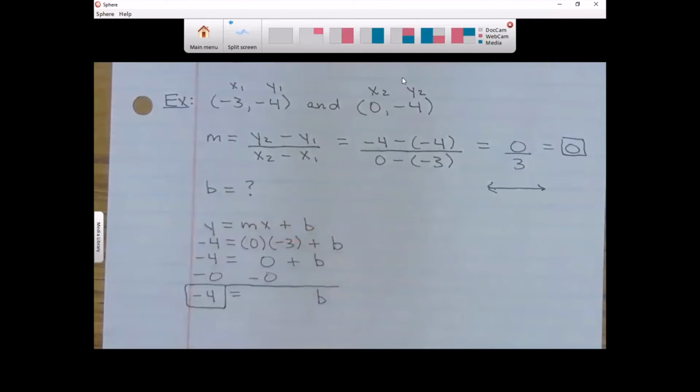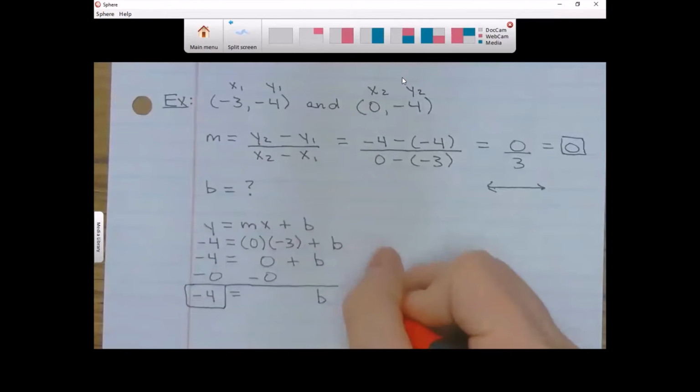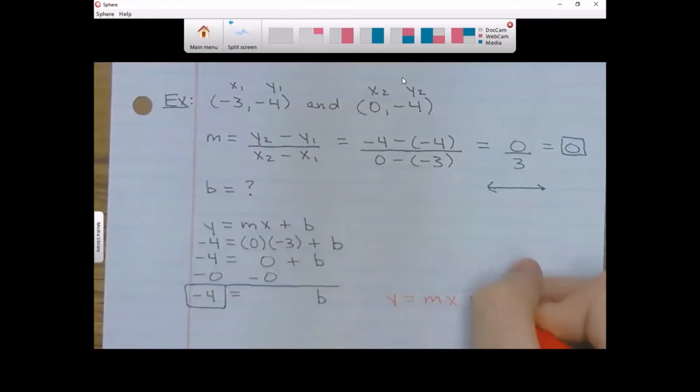So now I know what my slope is, and I know what my y-intercept is. So I can write out my line as y equals mx plus b. My y is going to be a variable, my x is going to be a variable, and m and b are going to be numbers. I know that m is 0, and I know that b is -4.